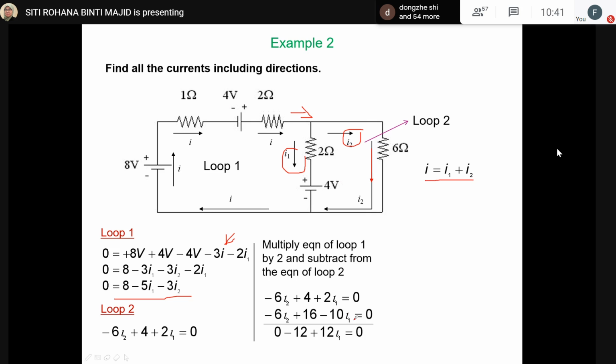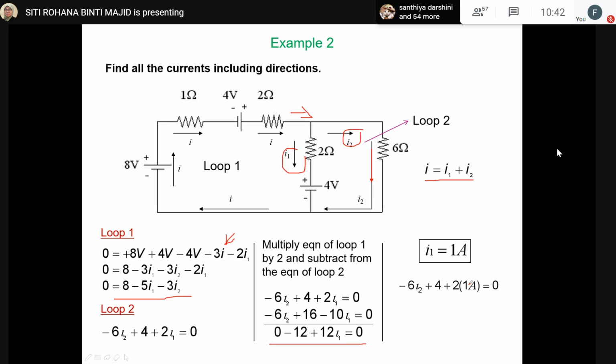So here this is the final product for the subtraction, and then you will have 12 I1 equals to 12. So definitely you will get I1 value. So I1 is equal to 1 ampere here.